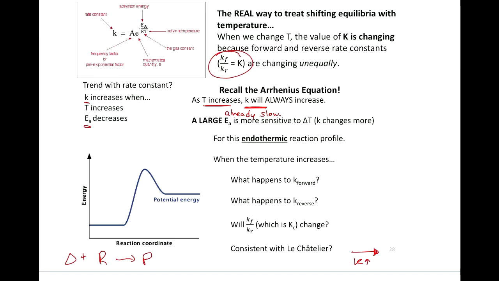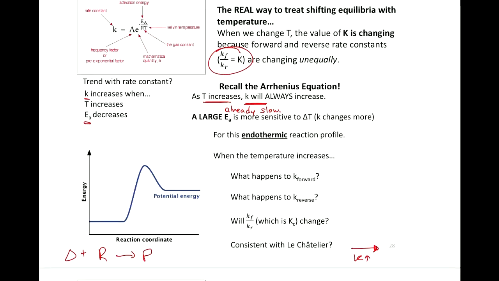So right now, for an endothermic reaction, I'm going to make this really exaggerated. The reverse rate constant is really big. It's really fast already because it has a small activation energy, versus the forward rate constant, which is really small because it has a large activation energy. Do you see that? The forward rate is slower than the reverse rate. Okay, heat this reaction up. What happens to the forward rate?